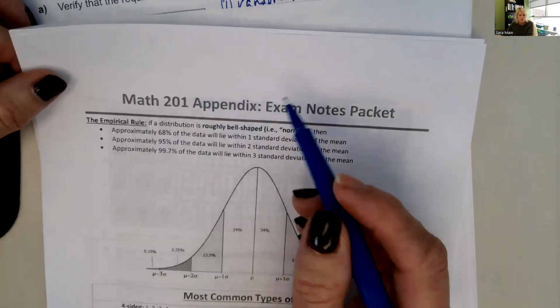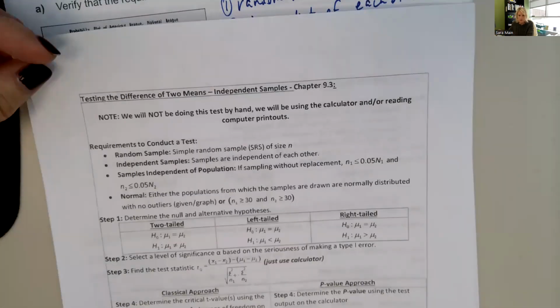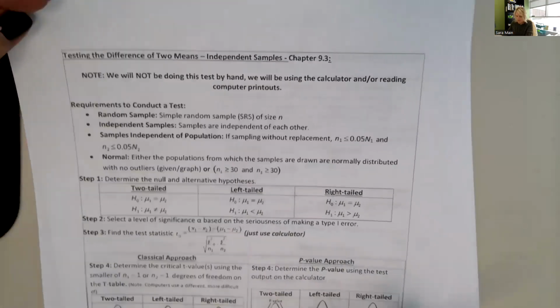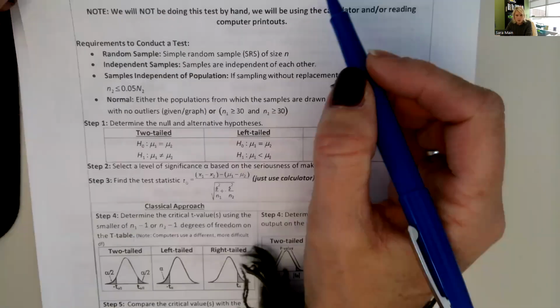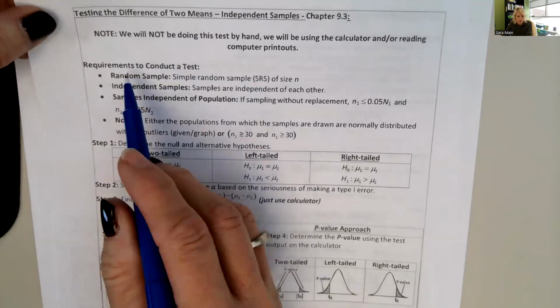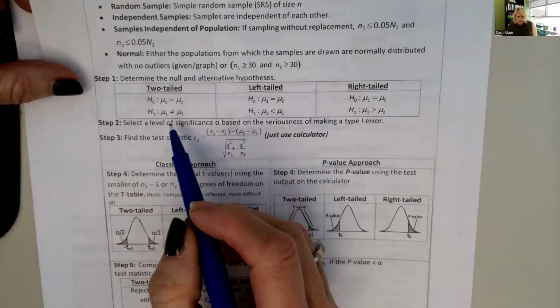So you can print it there, but it contains outlines for all of the hypothesis testing and confidence intervals and sample sizes that we're doing. So this one is for 9.3. And here again are the requirements that we're using. And here are the steps of deciding what hypothesis we're testing.